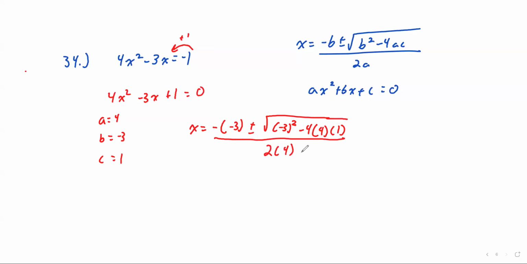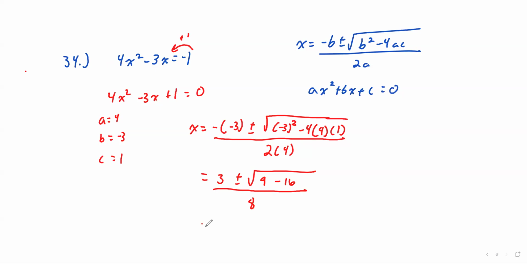This is just order of operations: parentheses, exponents, multiplication, division, all that stuff. Two negatives here make a positive 3. I have to do the exponents before I can do any subtraction, and I have to multiply before I can do any subtraction. So negative 3 squared gives me a positive 9. 4 times 4 is 16, times 1 is 16. And then 2 times 4 is 8.